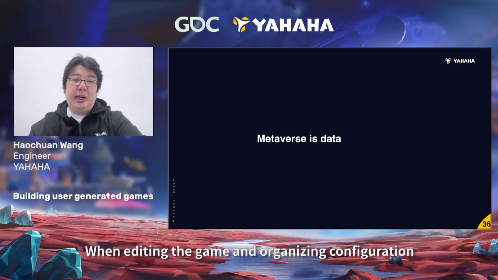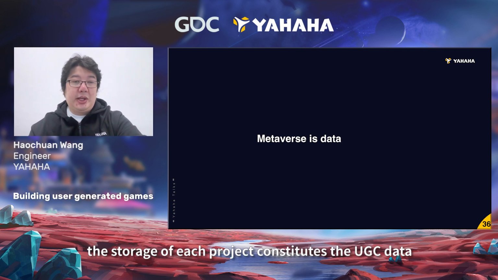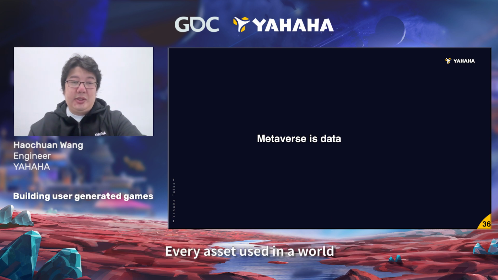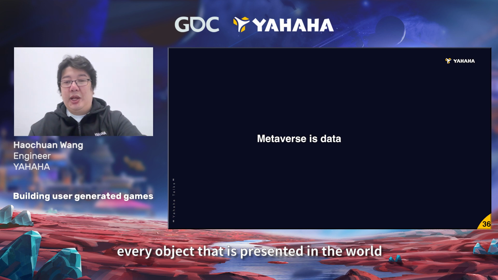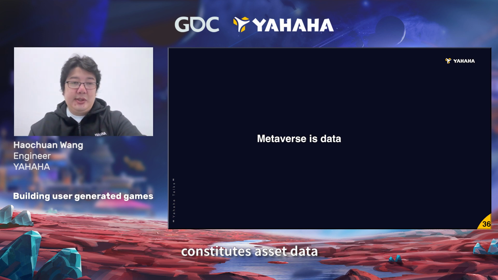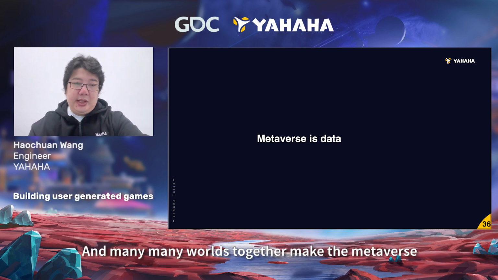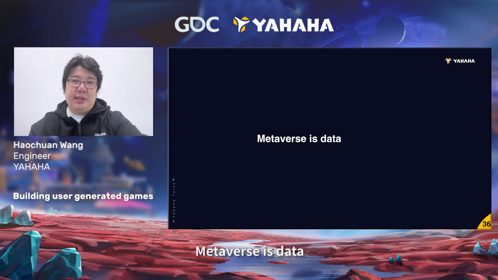When editing the game and organizing the configuration, the storage of each project constitutes UGC data. Every asset used in the world, every object that is presented in the world constitutes asset data. Runtime data, UGC data, and asset data constitute the world, and many worlds together make the metaverse. And the metaverse is the data.